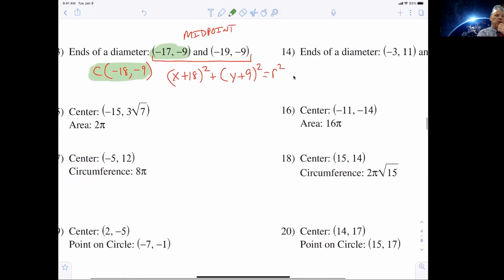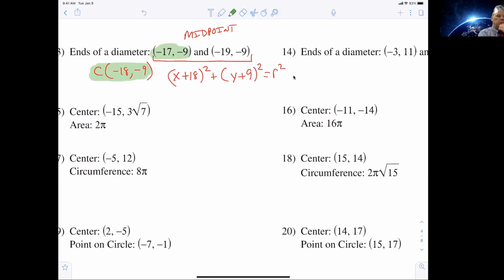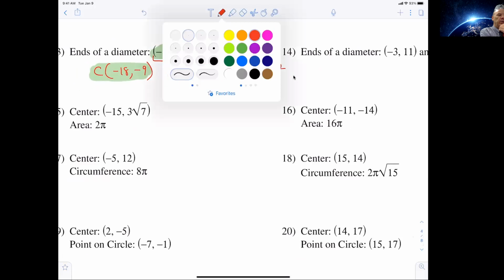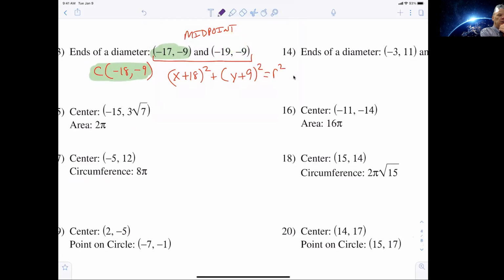No, it is not. So here's what I want you guys to remember. The best way to find the radius is just to plug in, and I want everybody to listen to me. I need you to plug this point in for x and for y, and that will tell you what the radius squared is.